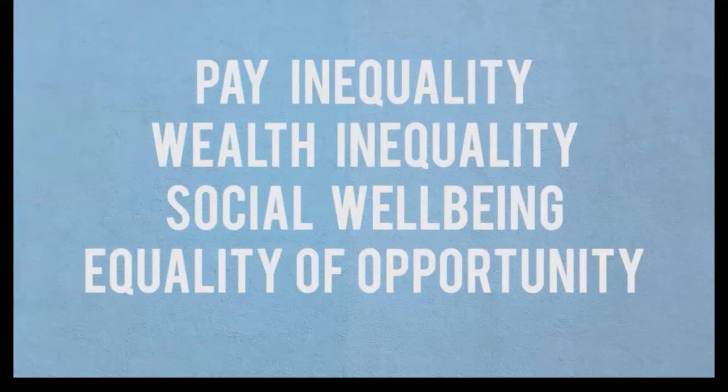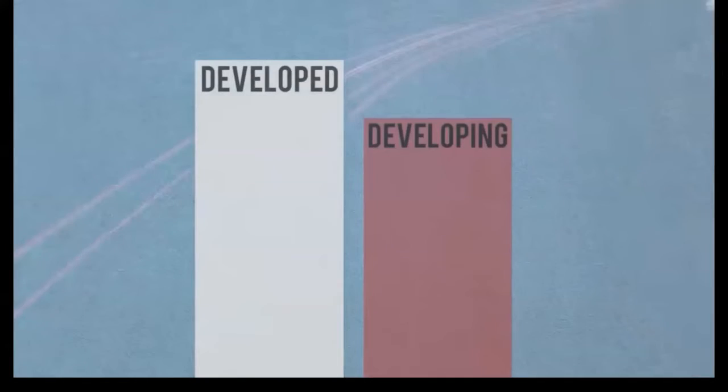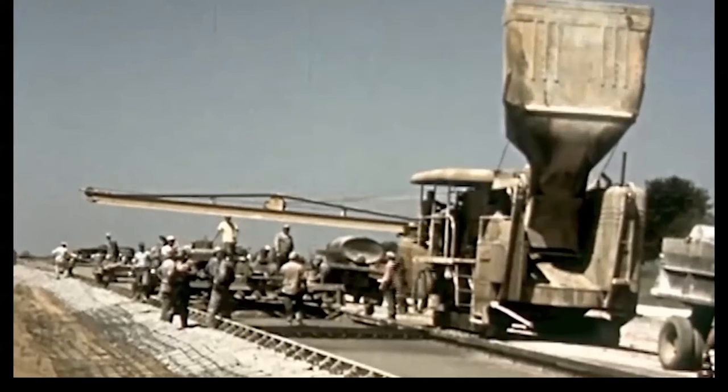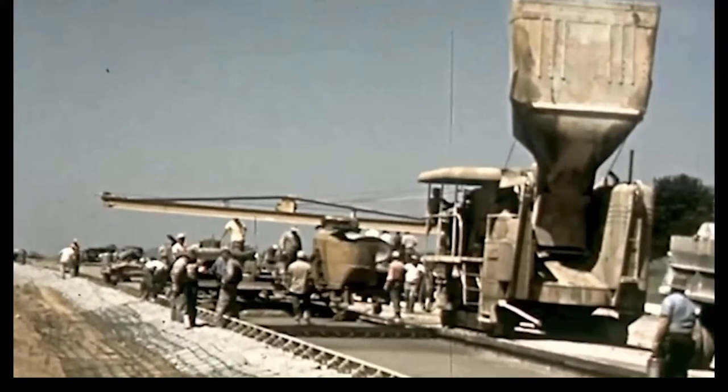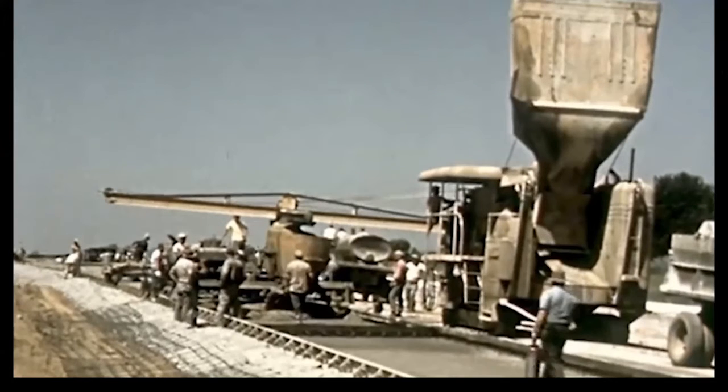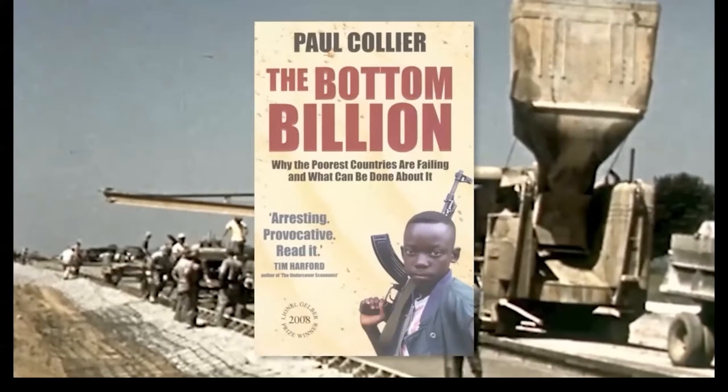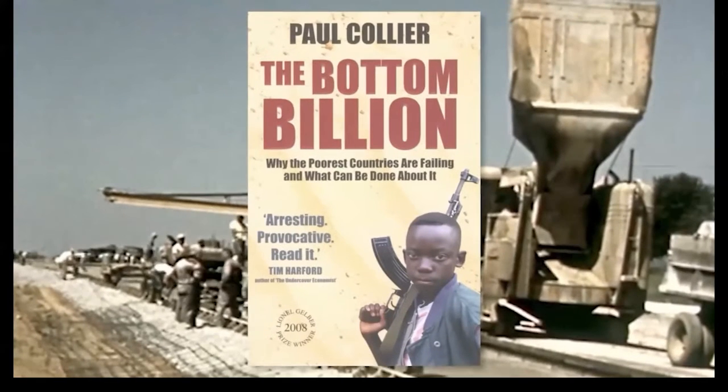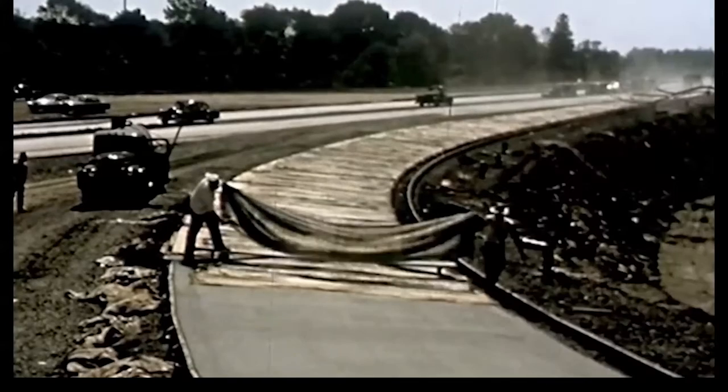While most agree that in recent years we've seen a global economic convergence, that is to say that most countries are catching up, however slowly, with the developed world, they also highlight the problems in measuring and confirming that convergence, and that many countries, what Paul Collier calls the bottom billion, are being left behind, and in some cases getting worse.